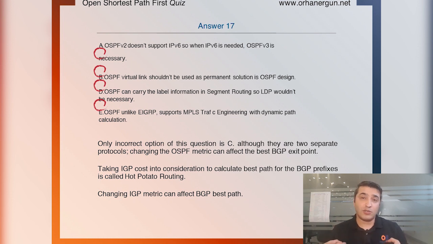Because the internal IBGP router may decide the best exit point, the closest exit point, by looking at the IGP cost. We call it hot potato routing. I will explain it in detail. But an OSPF cost change can affect the closest router selection. Yes, they are two different protocols, everybody knows that, but an OSPF cost change can affect BGP selection.